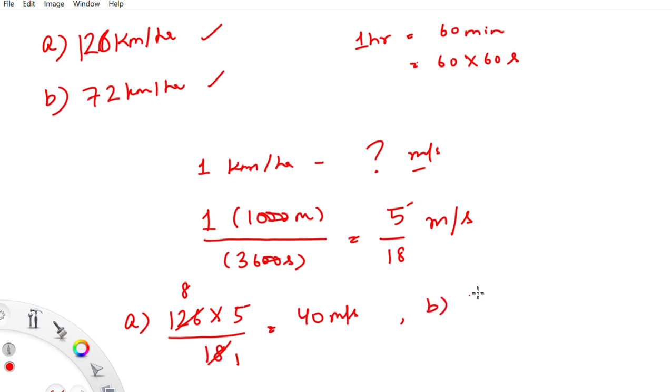Similarly, let's look at the other value, 72 kilometers per hour. Again, you multiply this by 5 by 18, and you have 18 times 4, that's 72. So you get 20 meters per second. Very simple, not very hard.